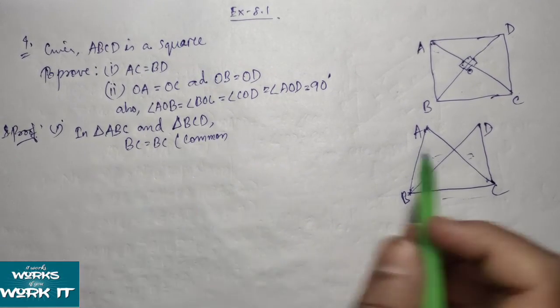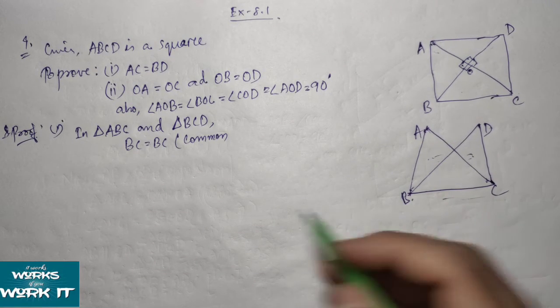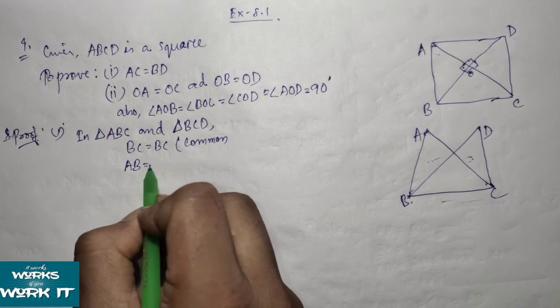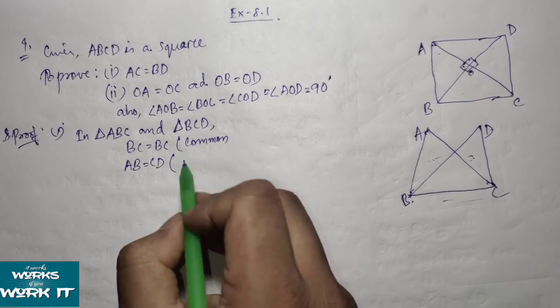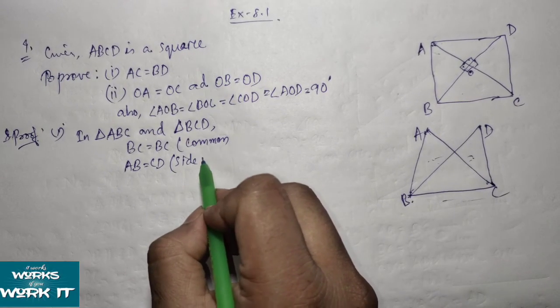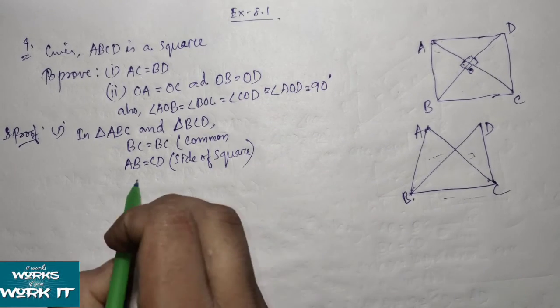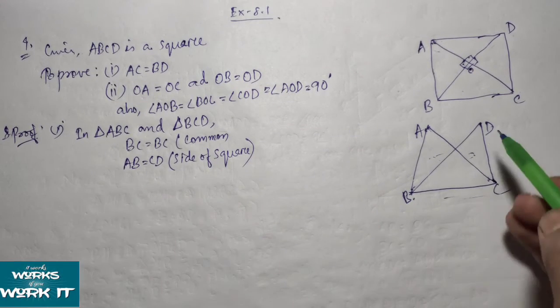Next, AB and CD will be equal. Why? They are sides of the square, and all the sides of a square are equal.